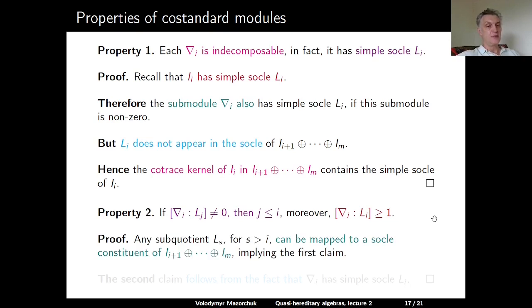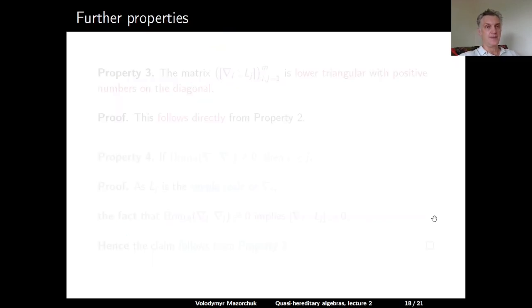If we have a subquotient Ls where s is greater than i, then this subquotient appears in the socle of I(i+1) and so on Im, and so we can map it to the socle of one of those injectives. And so this Ls cannot be in the cotrace kernel. And this exactly implies the first claim. And the second claim follows from the fact that we already established that nabla i has simple socle Li.